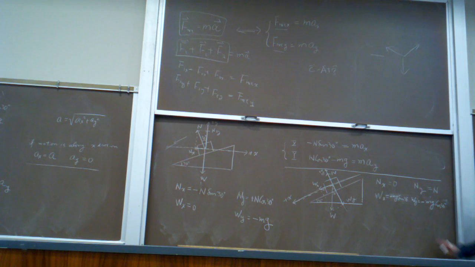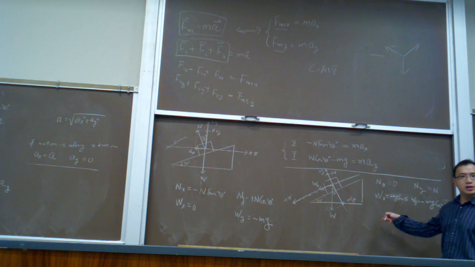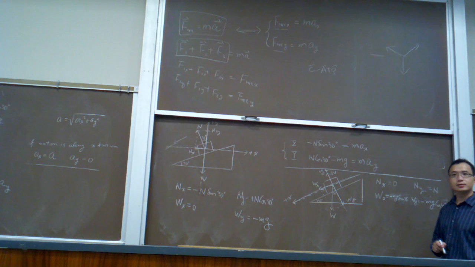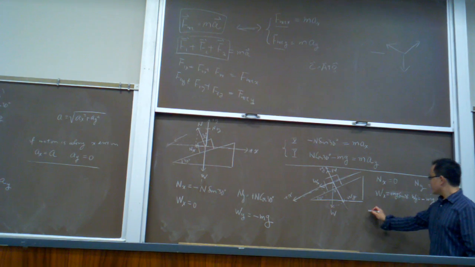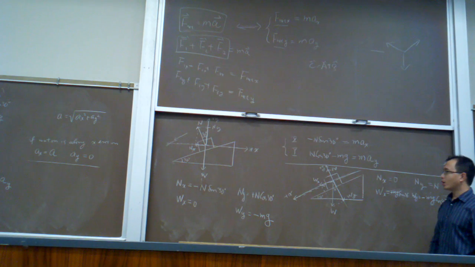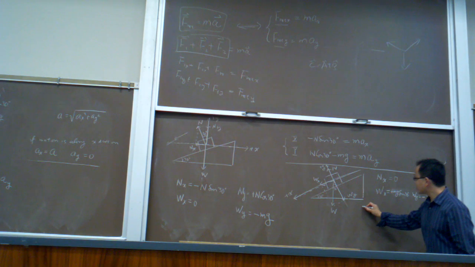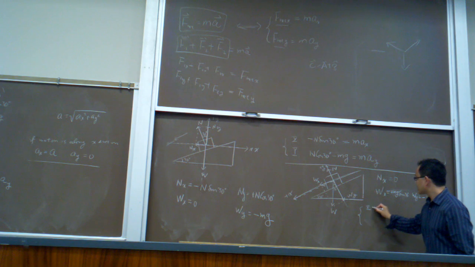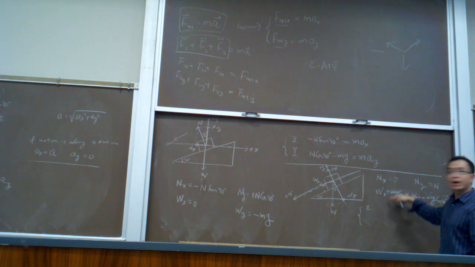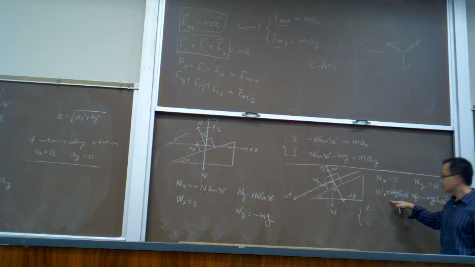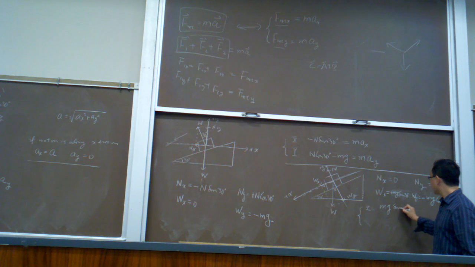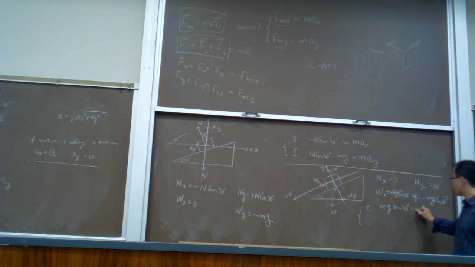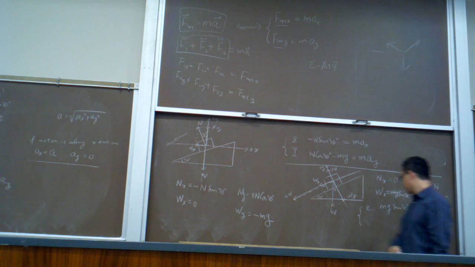Okay. So if you have no question, let's write down Newton's second law in this situation, in this coordinate. Along the x direction, it should be this plus this, right? So you get 0 plus mg sine 30 degrees equals m ax.